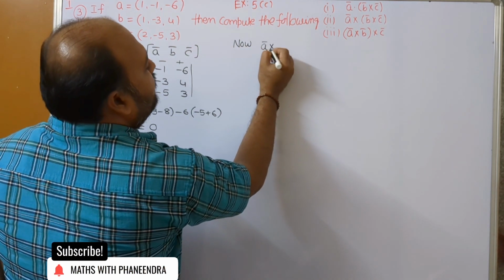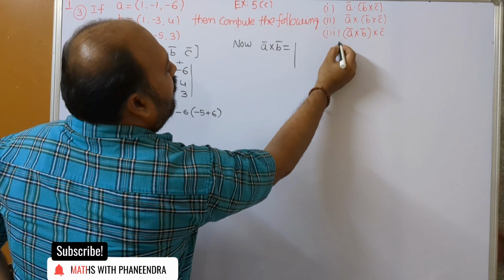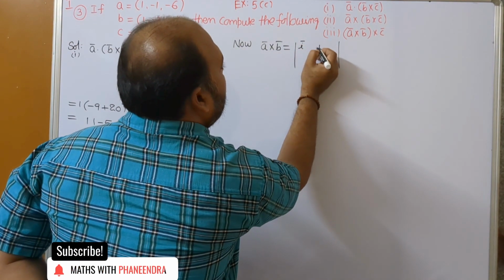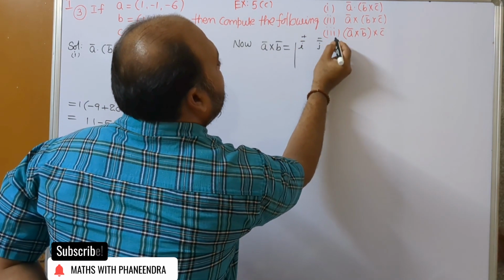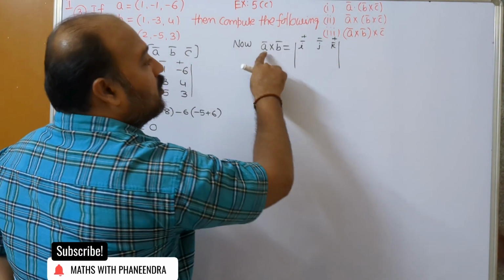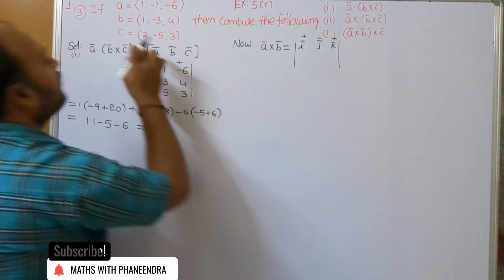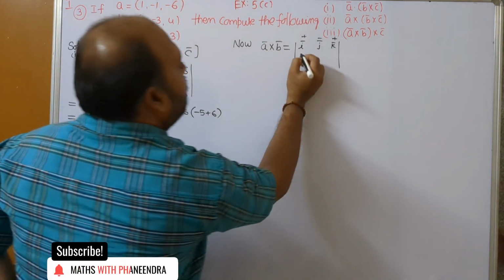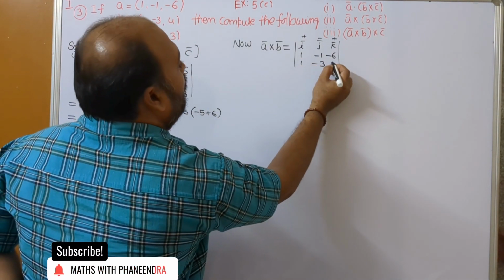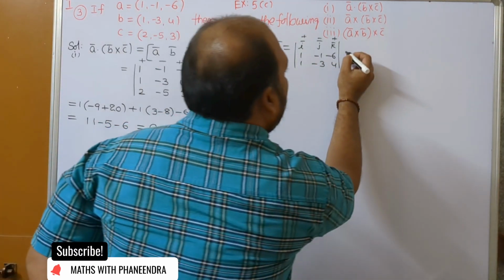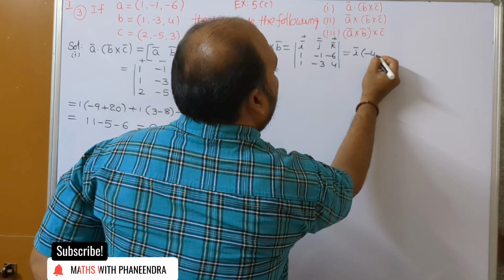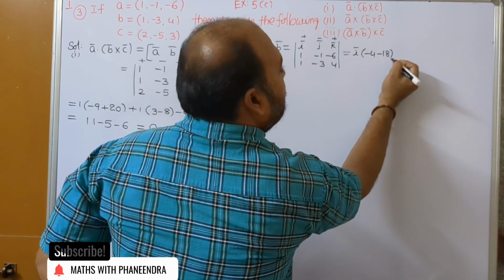A bar cross B bar. While calculating A bar cross B bar, fill the first row with I, J, K, which are plus, minus, plus. In the second row and third row, write the coefficients of A bar and B bar. A bar means 1, minus 1, minus 6. B bar is 1, minus 3, 4. So we need to simplify. I into minus 4 minus 18.